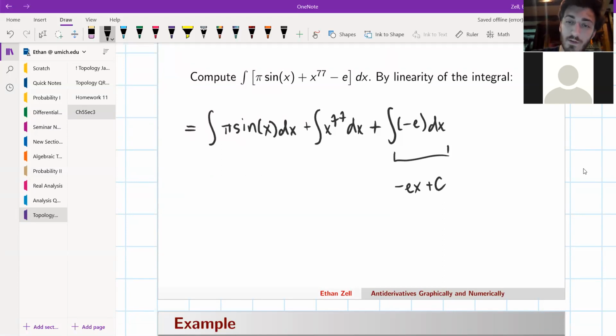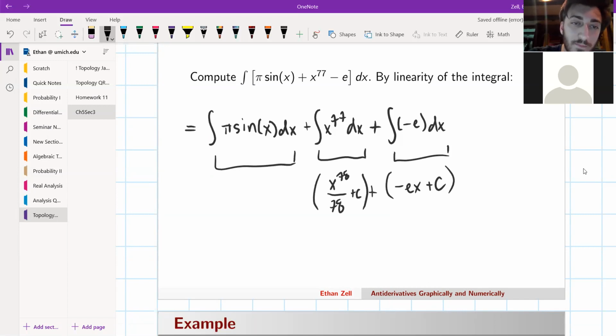Okay. So I'm going to put that in parentheses, and then we have plus, and then this integral here, that's the anti-power rule, right? We just saw that. So I have to raise it one power above and divide by the power I raised it to. So 77 plus 1, 78, divided by 78. And then also plus c.